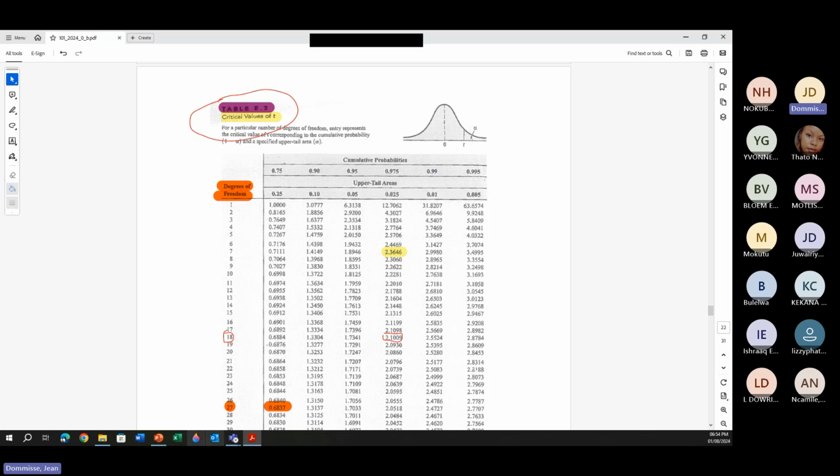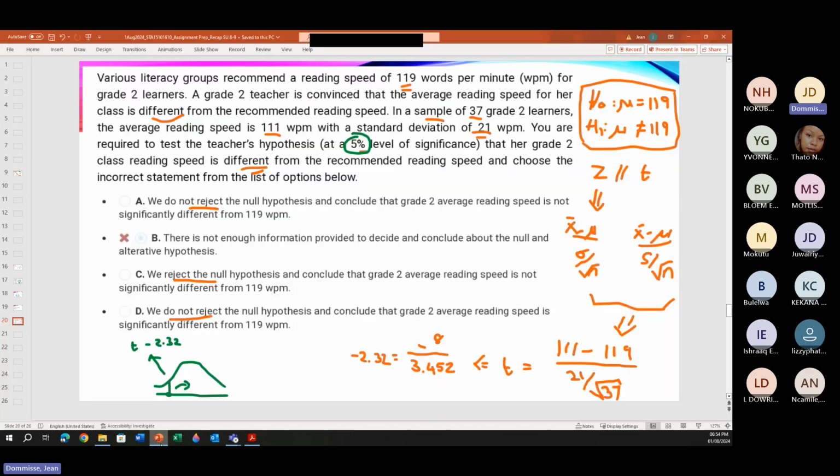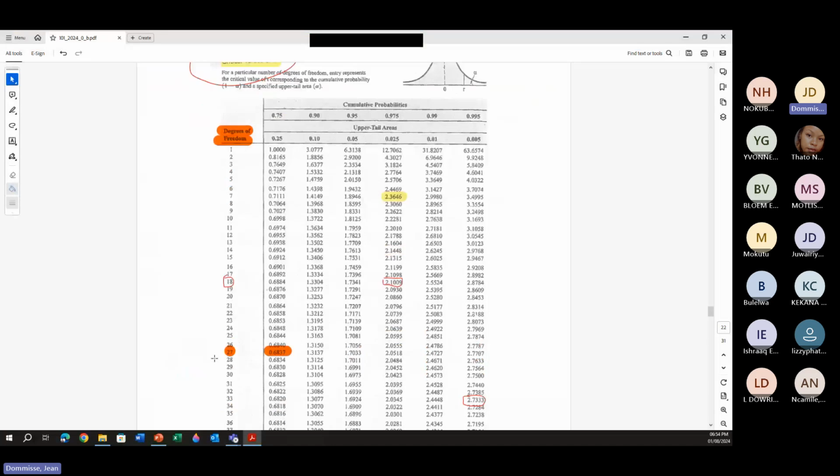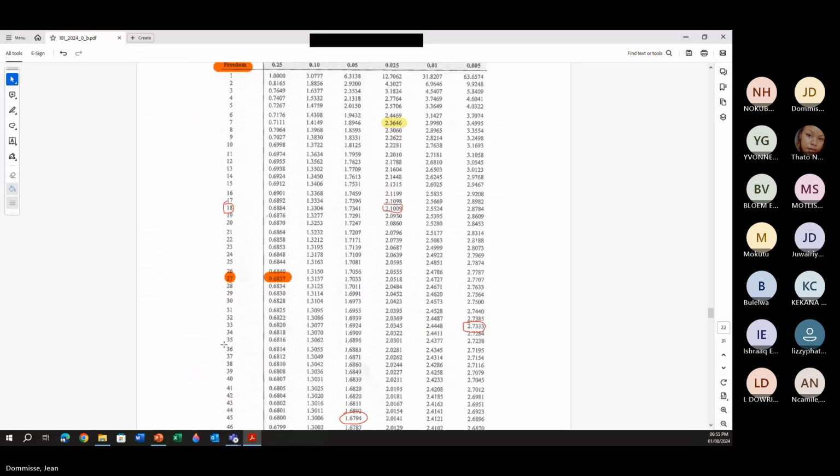Okay, so let's quickly check degrees of freedom. We're looking at 37 minus 1, which is 36. So there's our degrees of freedom at 36.